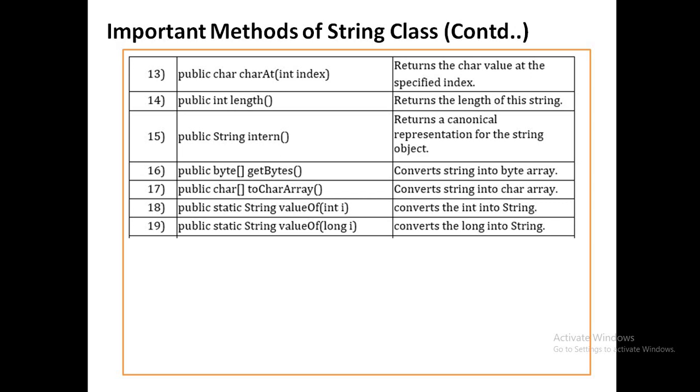And String intern returns a canonical representation for the string object. The getBytes method converts the string into a byte array. Then the toCharArray method, where the string is converted into a character array.